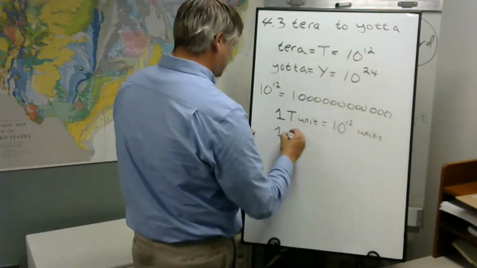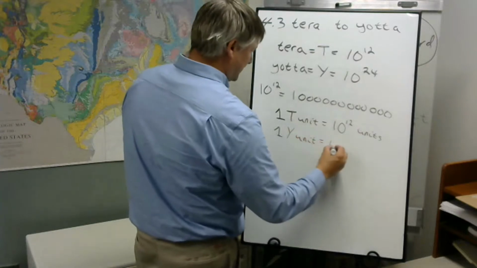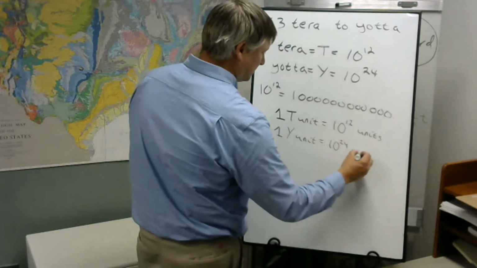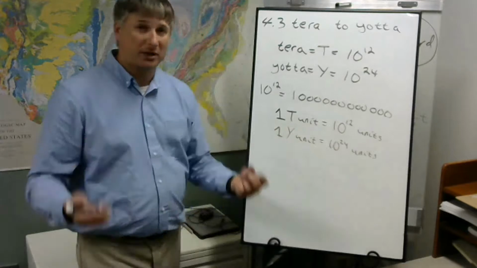And then we have 1 yota unit. That's 10 to the 24 units. So a yota unit is 10 to the 24 regular units.